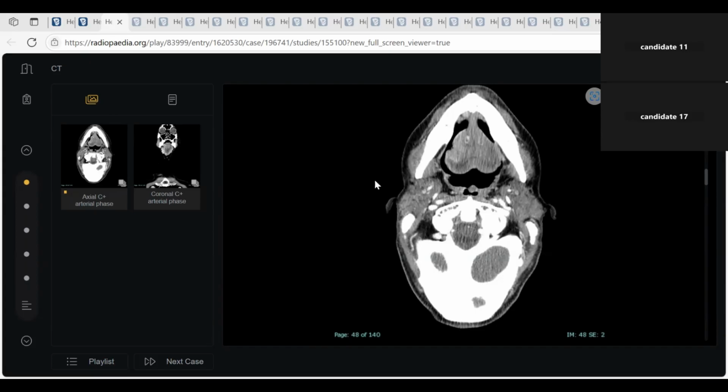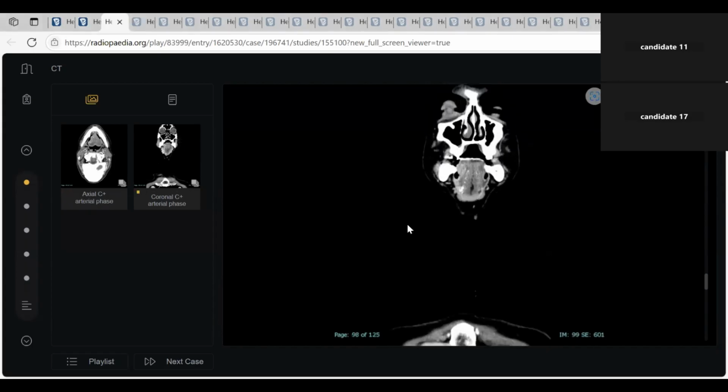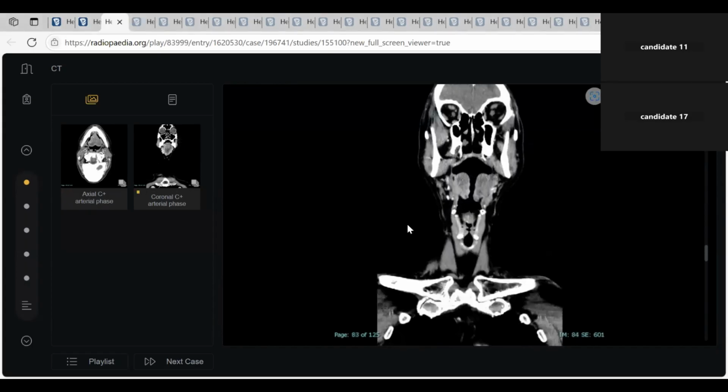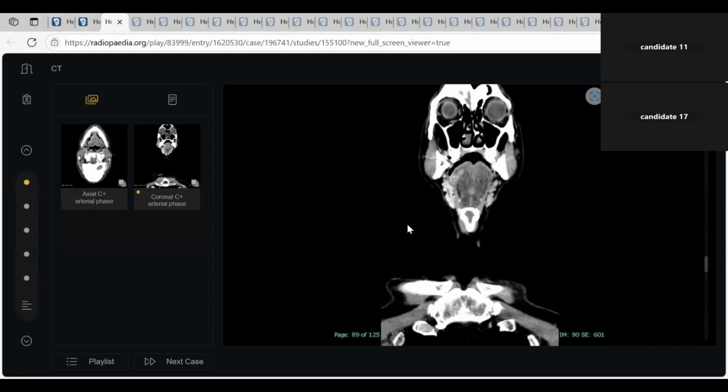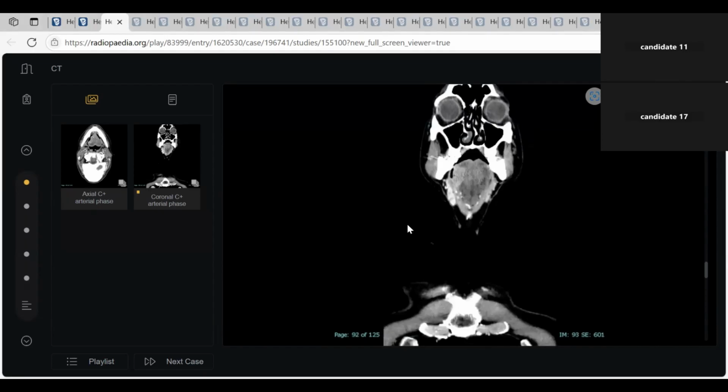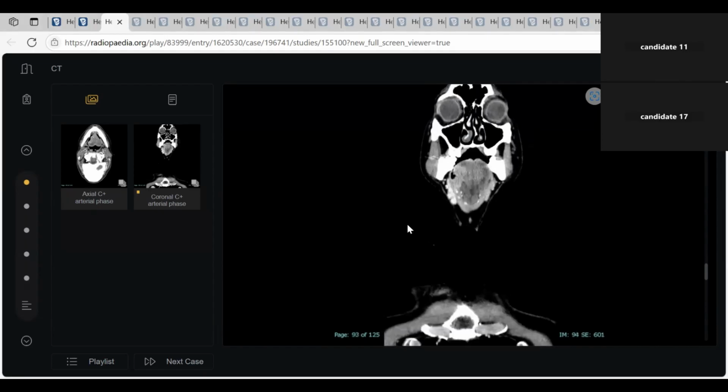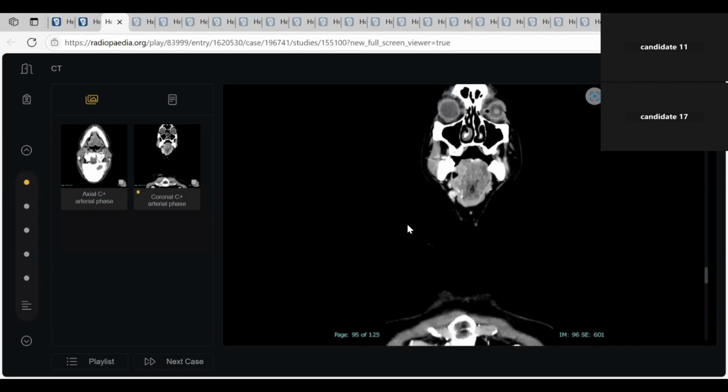What's your differential? This is likely primary carcinoma of the tongue. Excellent. What signs should you look for in the CT, as I said in the first cancer case? Any involvement of the gingiva. Excellent. And also the enlarged cervical lymph nodes to see any metastatic spread, and also bony metastasis.